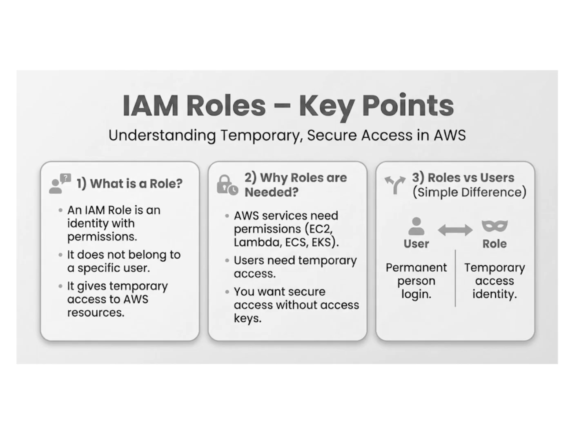So wherever you feel this particular service wants to communicate to another service, you need to create a role, assign the necessary permissions to it, and then assign that role to that particular resource. Clear? This is the first use case of a role.